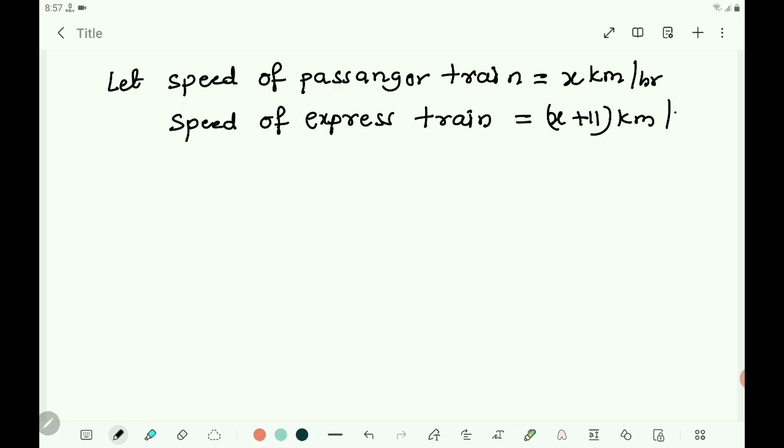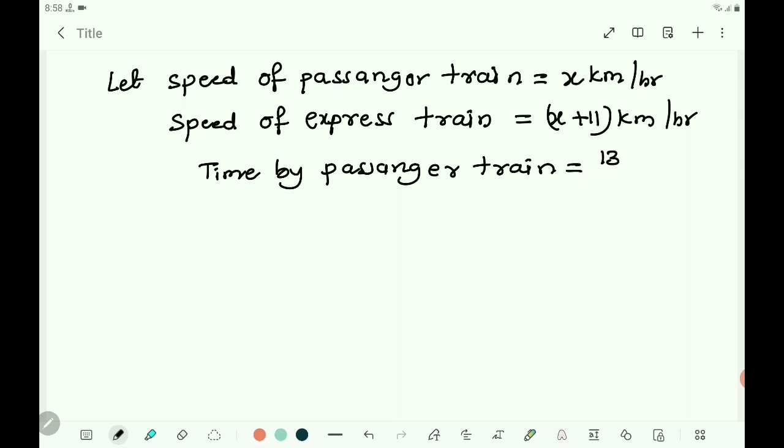Time taken by passenger train equals distance by speed, 132 by x.